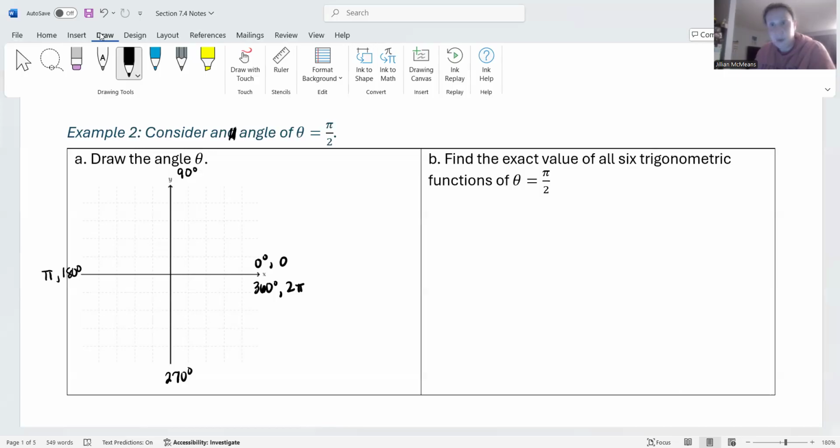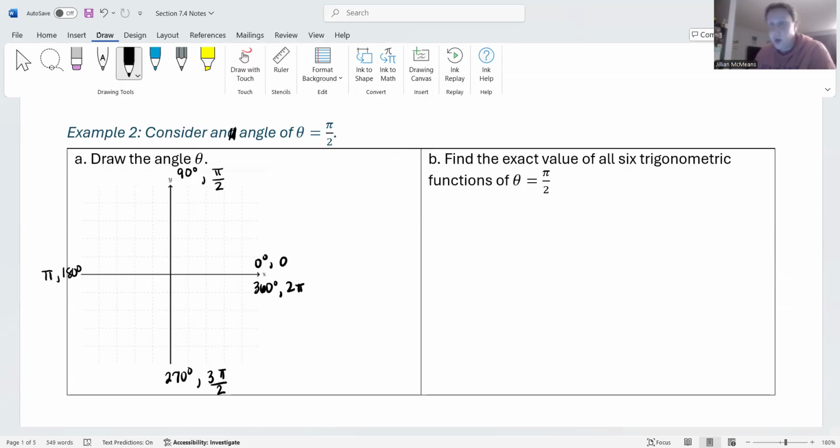So halfway between 0 and pi would be pi over 2. So we have 0, then pi over 2, then 2 pi over 2, which is really just pi, which then brings us to 3 pi over 2, which is 270 degrees. And then finally, 4 pi over 2 equals 2 pi.